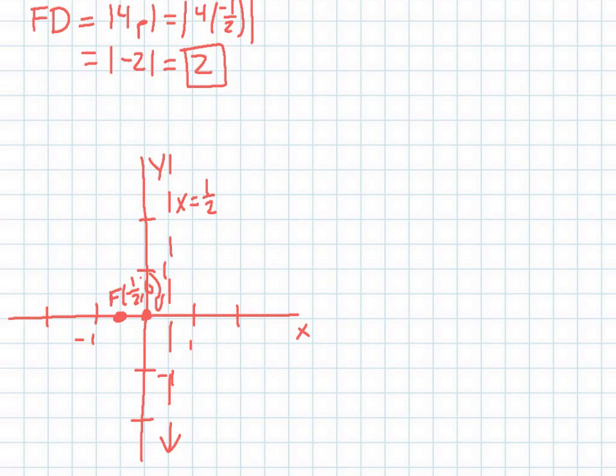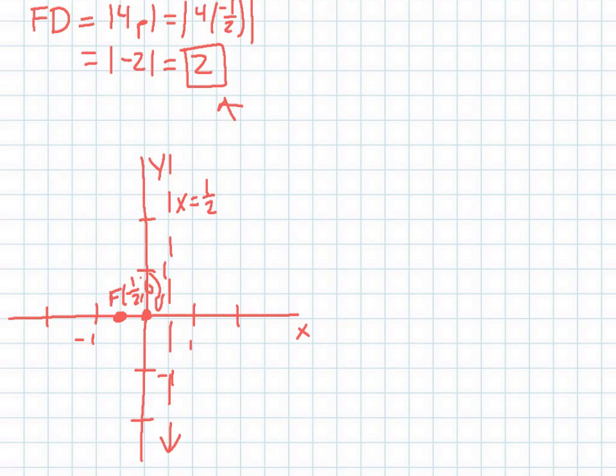And then from there, I want you to be able to get a decent picture. Now, because you're given the focal diameter, here's a trick so that you don't have to plug any values in to find any more points, but you can create new points. Because your focal diameter is 2, that means that from one side of the parabola to the next side is 2, but it's a parabola, so it has an axis of symmetry that splits it in half.